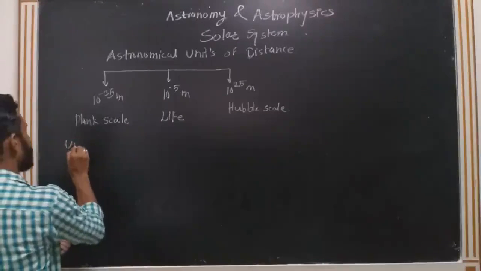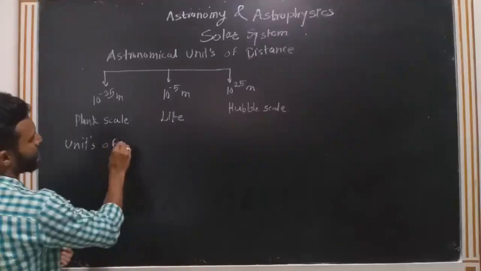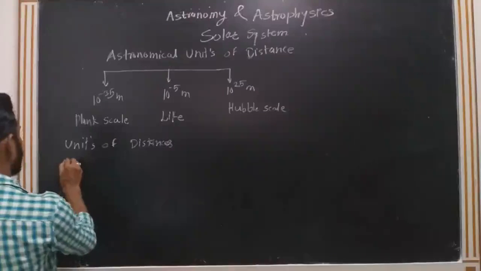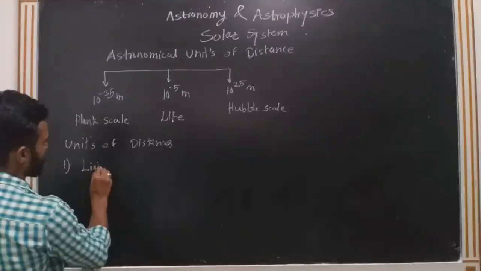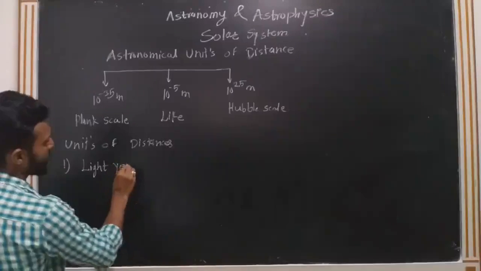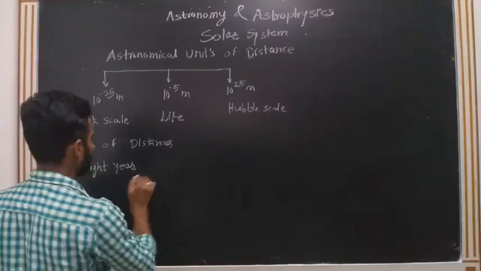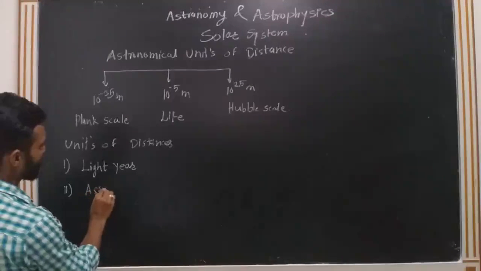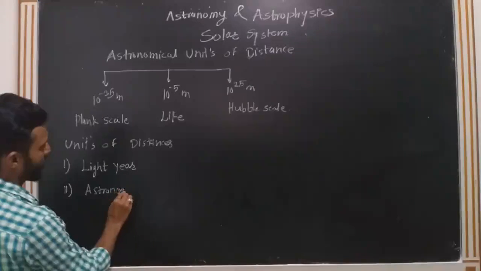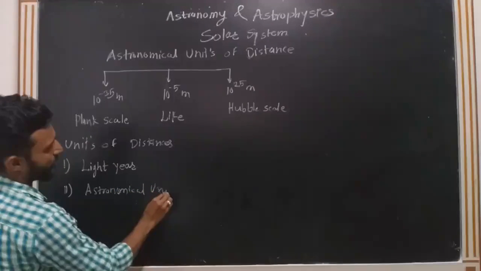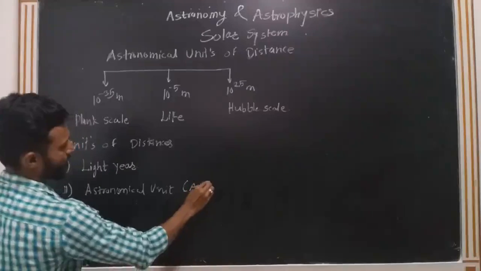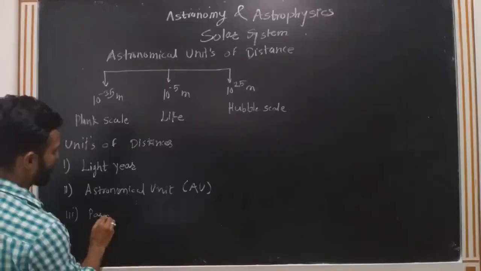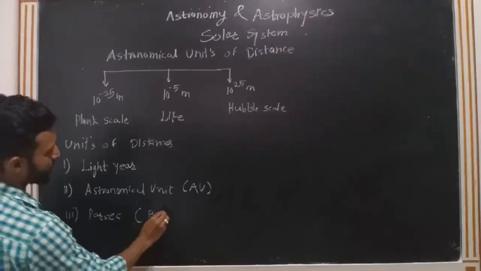the units of distances: one is the light year, second is the astronomical unit, or we can say AU, and the third one is the parsec, also called PC.